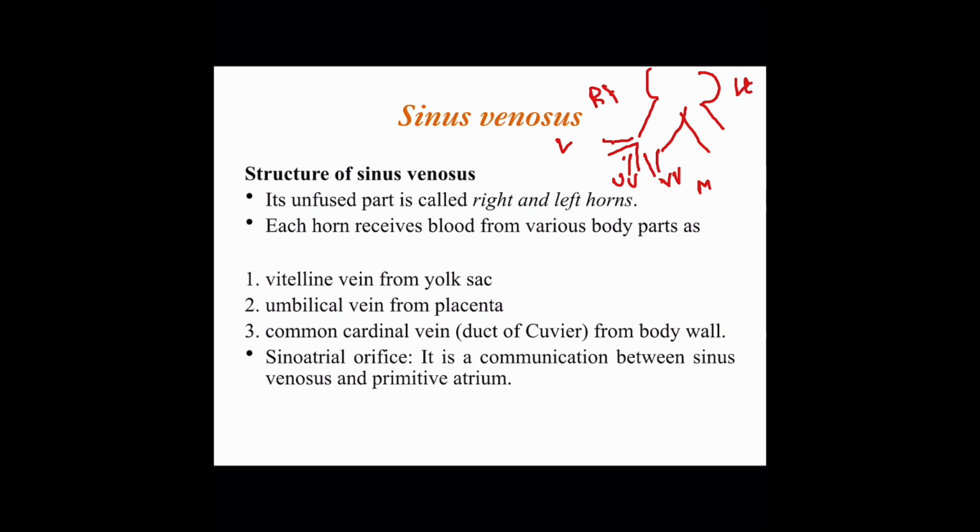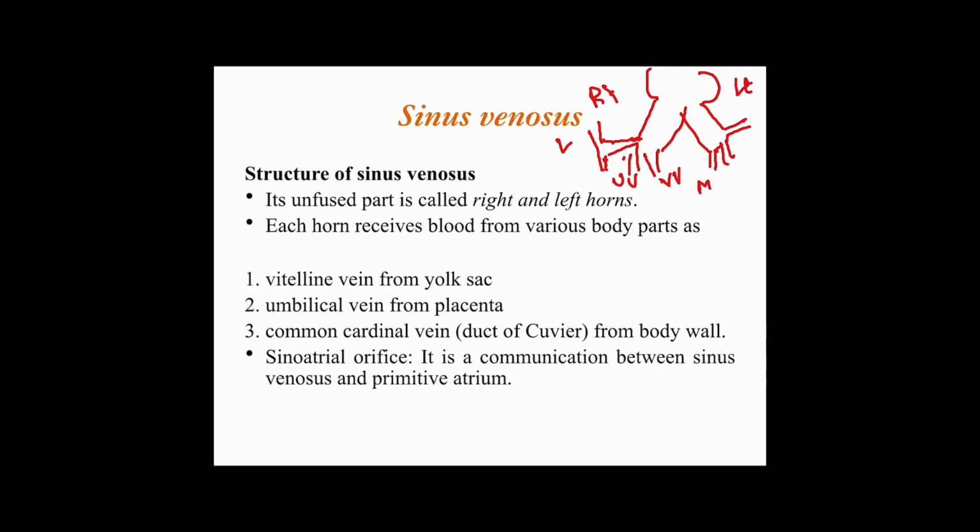Similarly on the other side, right and left. This common cardinal vein is in turn formed by the anterior and posterior cardinal veins draining the upper and the lower part of the body. The common cardinal is also called the duct of Cuvier.